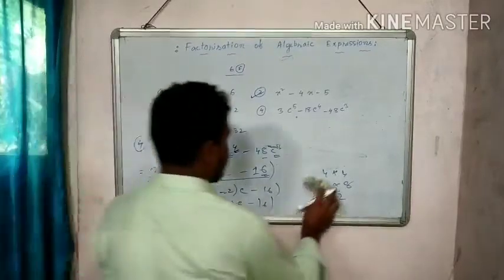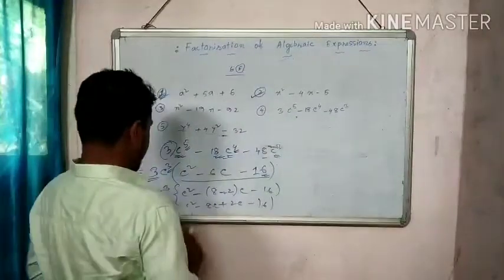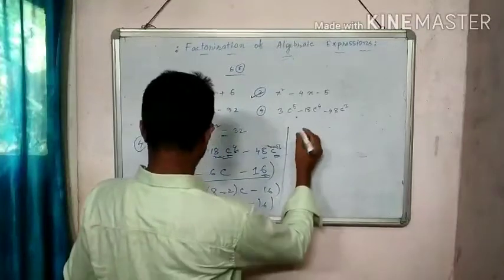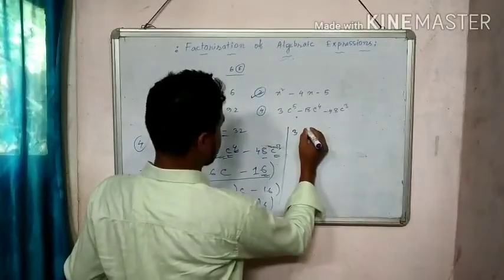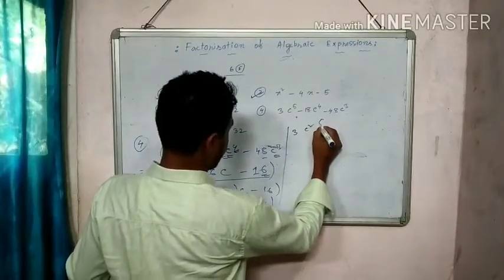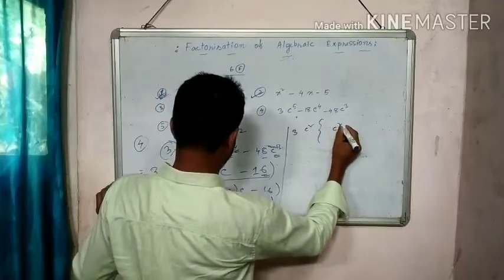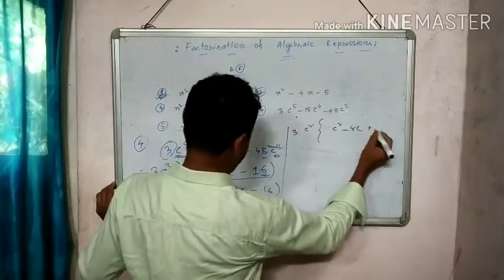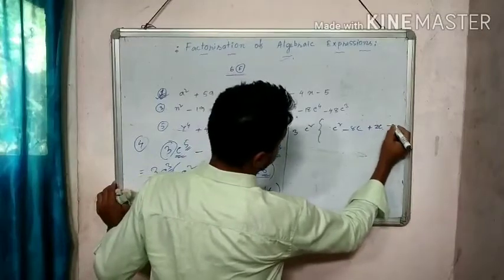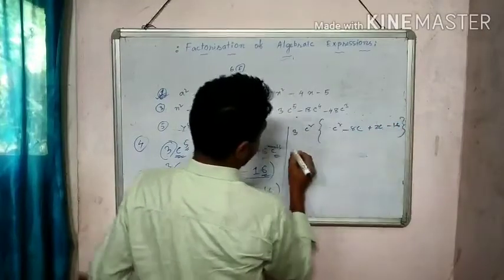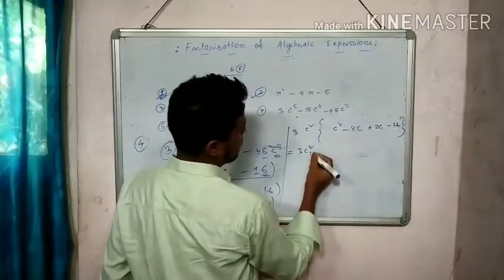Now I am writing this side: 3c cube into c square minus 8c plus 2c minus 16. Factorize this term.